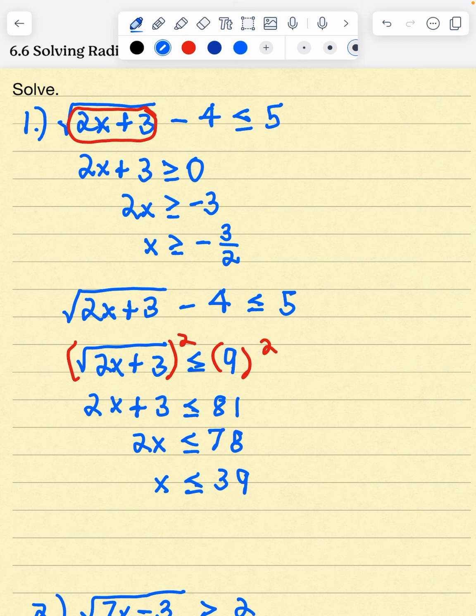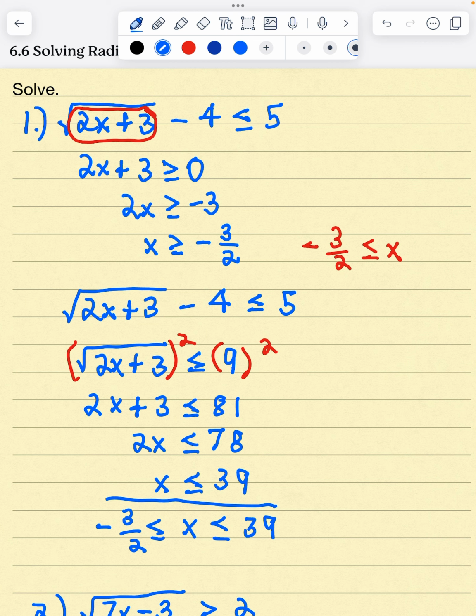So what I'm going to do is combine this with my actual solution, and say that negative 3 halves is less than or equal to x. I'm just flipping this inequality around so that x is on the right, so that I can combine it and write it as a conjunction, because this is the solution to the inequality.